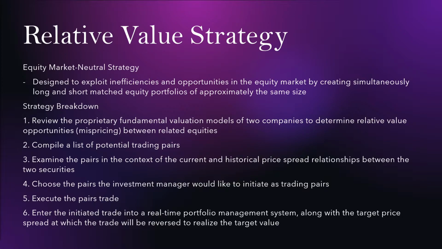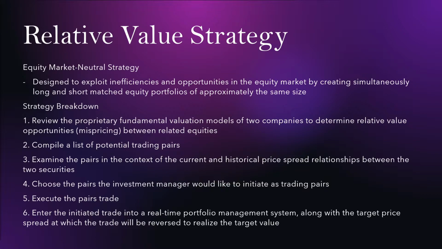You're going to choose the pairs the investment manager would like to initiate as the trading pairs and execute the trade. And after, you will enter the initiated trade into a real-time portfolio management system along with the price target spread at which the trade will be reversed to realize the target value.